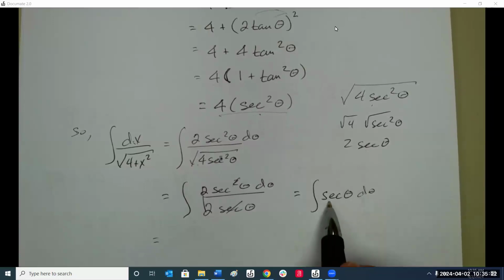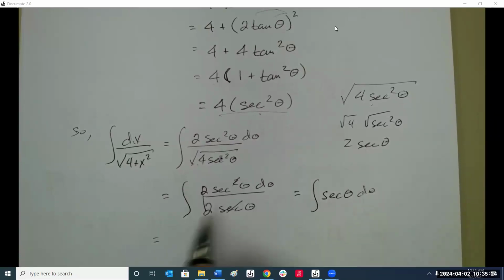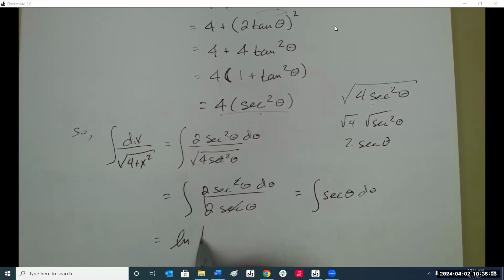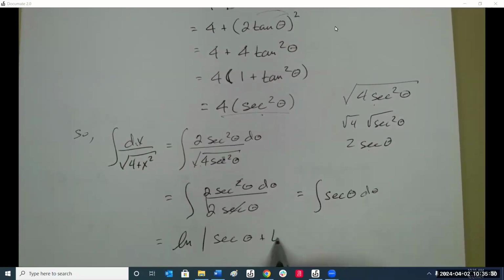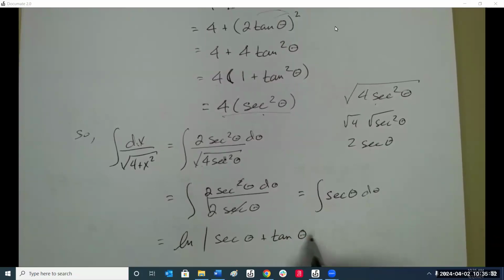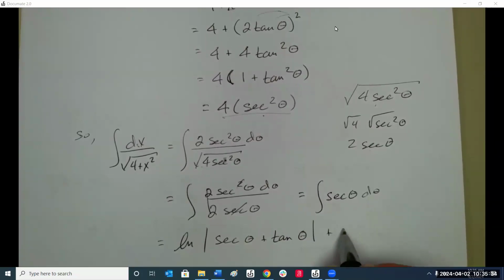The integral of secant is ln of the absolute value of secant theta plus tangent theta, plus c, since it's an open interval.